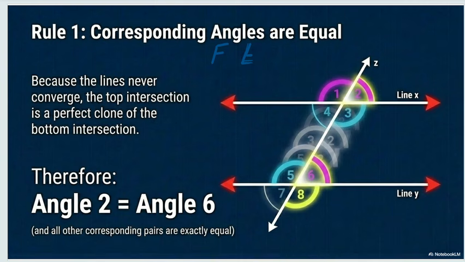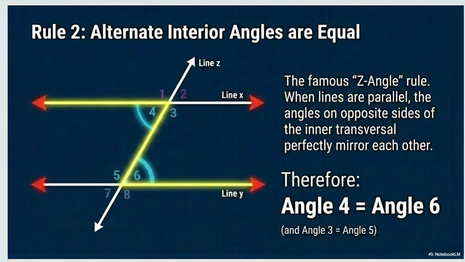So now we will go on to the alternate interior angles. Alternate interior angles means the angles which lie on the opposite sides of the transversal line, like this angle 4 and angle 6. They are lying on the opposite sides, one angle on this side and another angle on the other side of the transversal line.